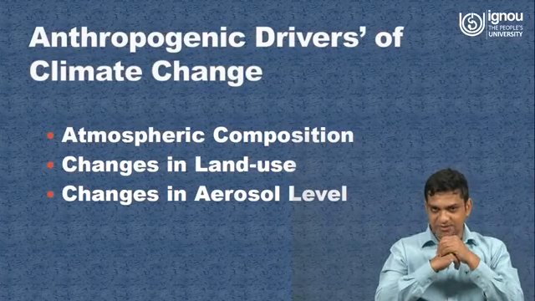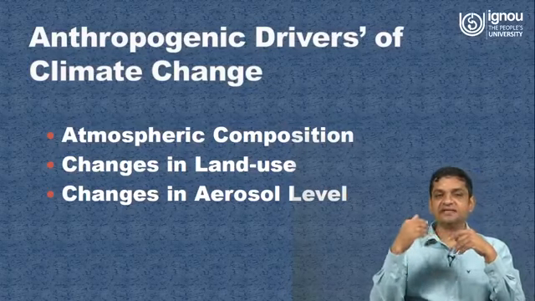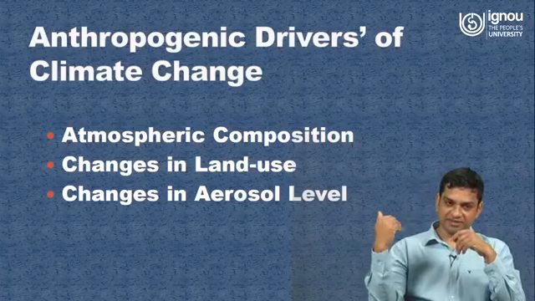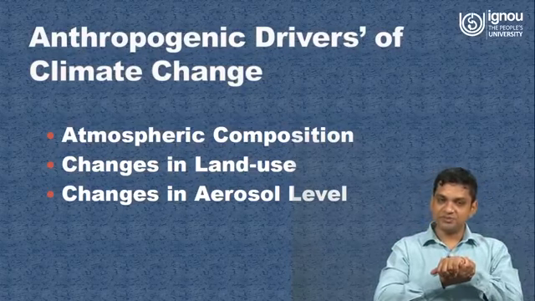Even the plowing of the soil releases carbon dioxide. And methane is another important gas, because biomass is rich in carbon, and under anaerobic conditions, anaerobic decomposition releases methane. So agriculture mainly contributes carbon dioxide, methane and nitrous oxide, and that way land use changes also contribute to climate change.